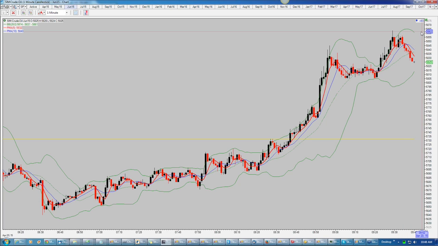But that one I would be quick and collect your nickel in front of the steamroller and move on before you get run over. Pretty good little pullback here though on crude, 46. It's just constant evaluation of the risk reward ratios.